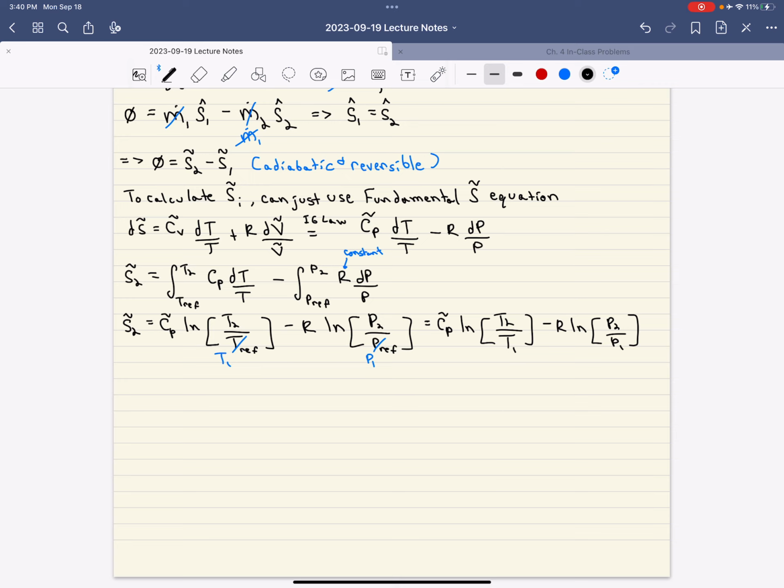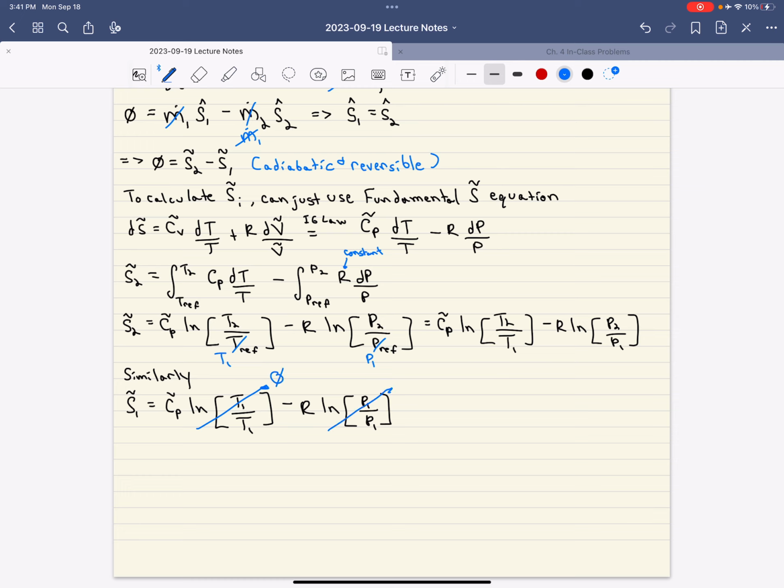Similarly, we could do the same thing for S1. So if we go through the integration and plug in the reference conditions, we get this: ln(T1 over T1) minus R ln(P1 over P1). And this is fortuitous because the natural log of T1 over T1 is the natural log of 1, which we know is 0.